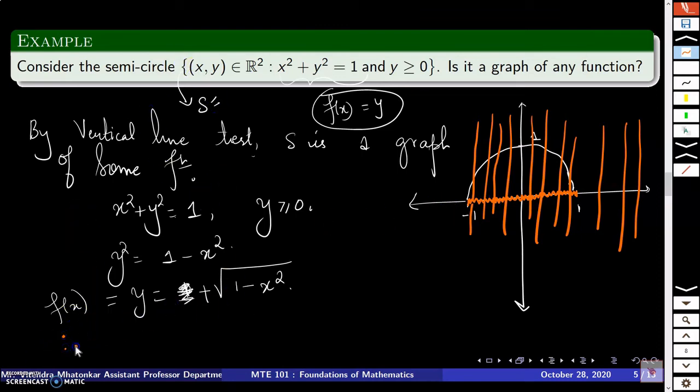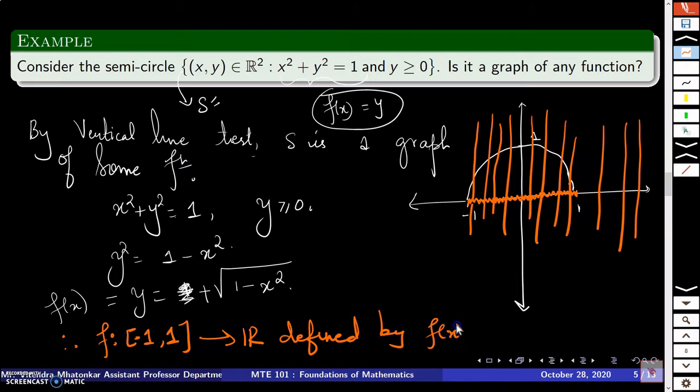So therefore, if you take f to be a map from -1 to 1 closed, because at -1 and 1 also the function is having some value, to R defined by f of x is equal to root of 1 minus x square, this is the function whose graph will be exactly this set which is given to us, capital S, and graphically it looks like this, a semicircle.